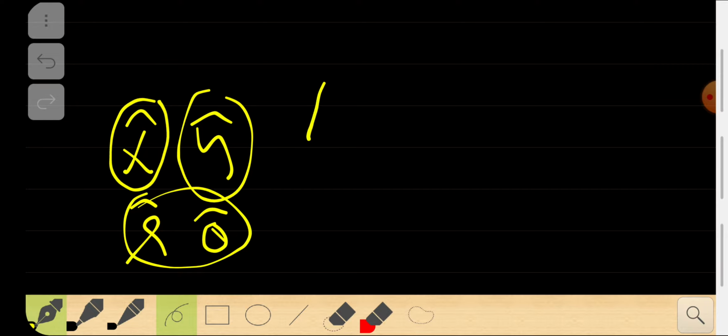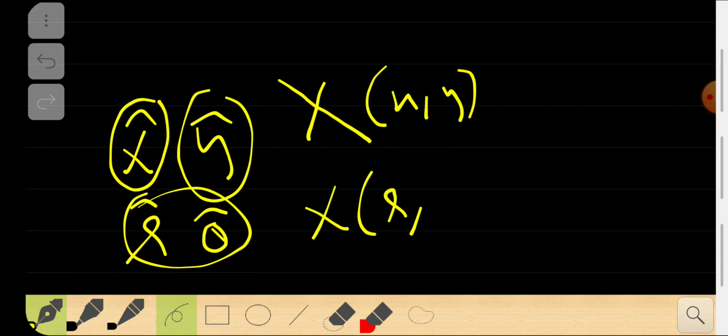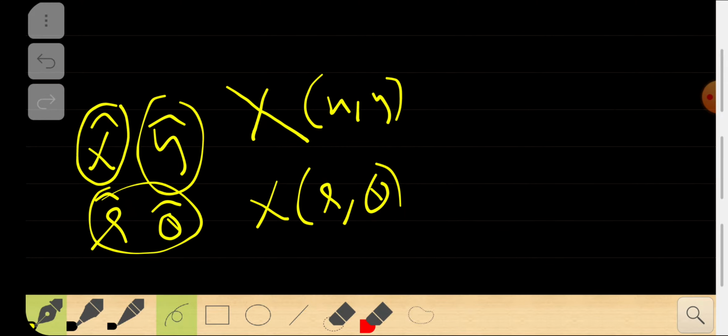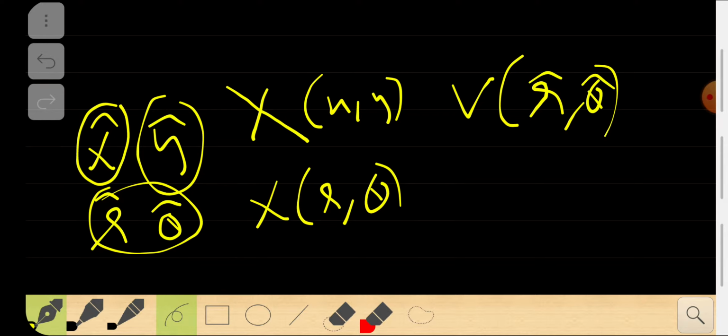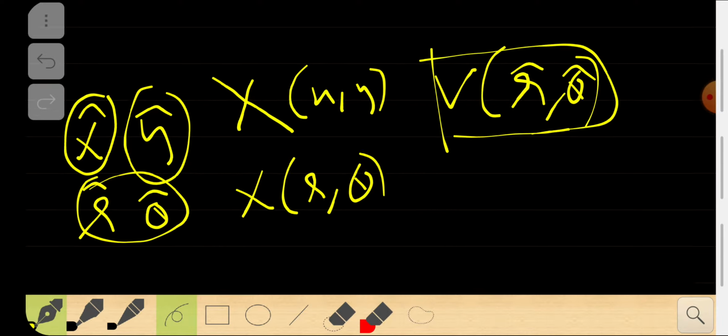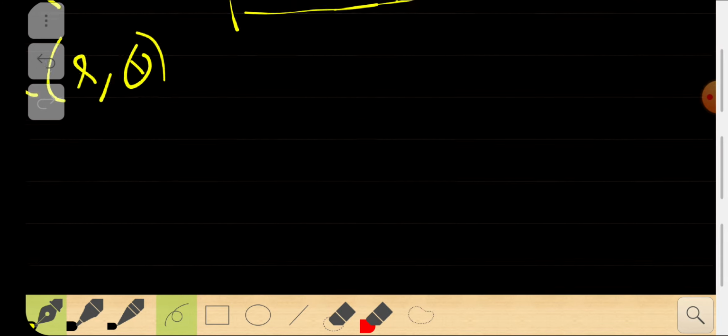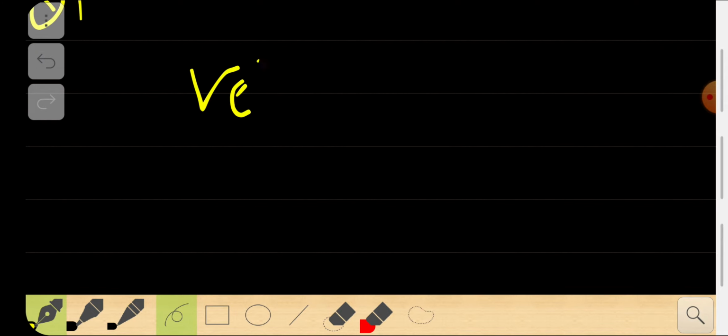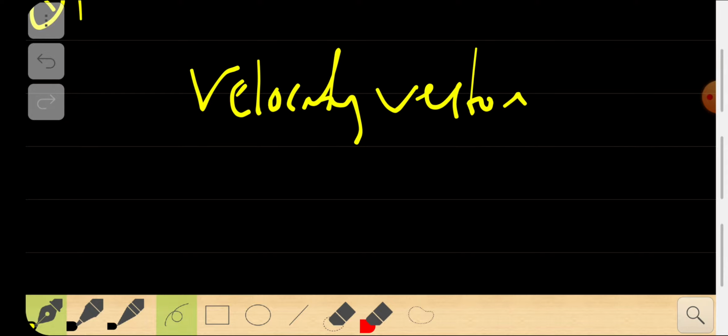If it was the position, we would need to find the position based upon x and y, or based on r and theta. Here we need to find out the velocity based on r and theta, right? So velocity based on r and theta, what is it? So that is the velocity vector. Let's find out the velocity vector.